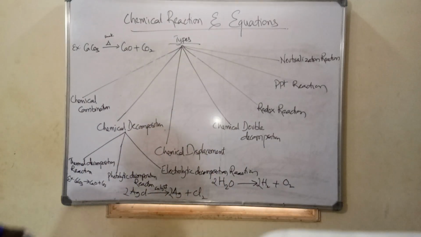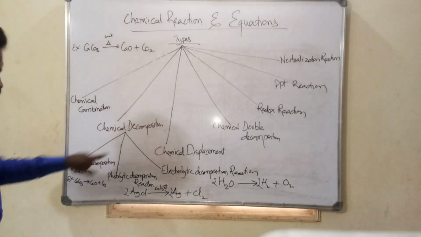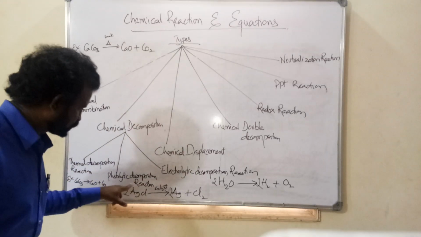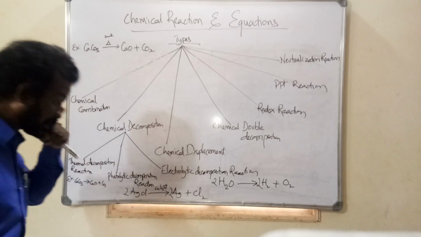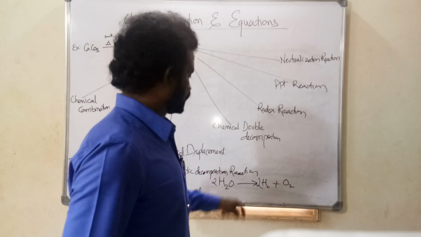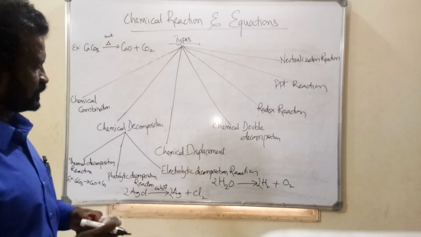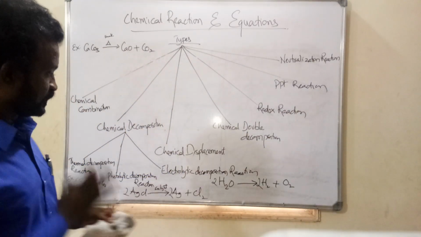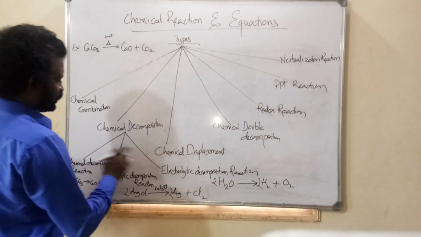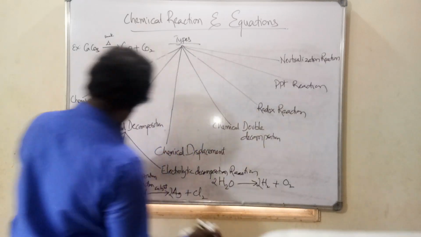So in chemical decomposition there are three types: thermal decomposition reaction, photolytic decomposition reaction, which is also called a light reaction, and electrolytic decomposition reaction, also called electrolysis, where water is decomposed. Is it clear? Now, let us go to the displacement reaction.